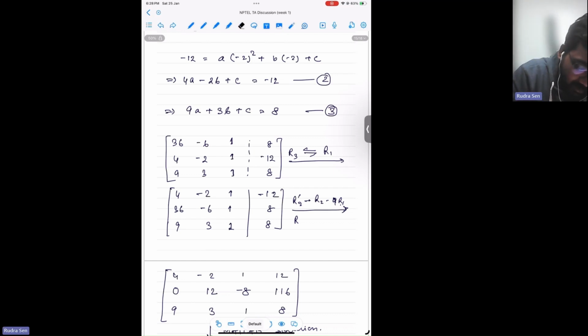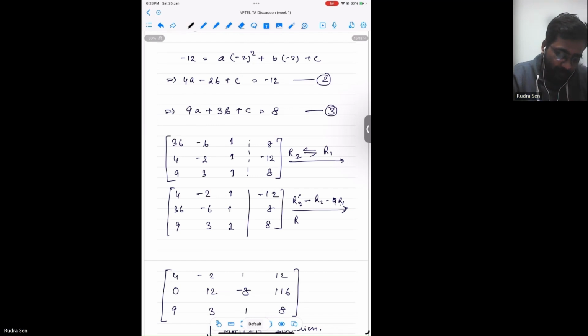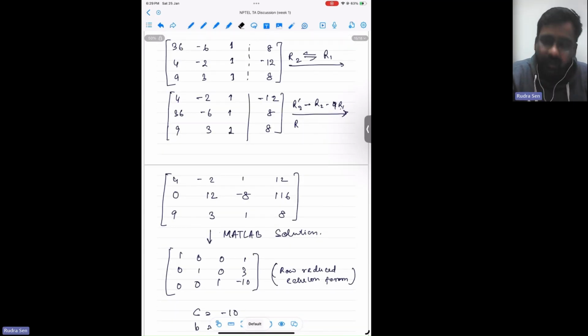So this should be row 2. Yeah, this should be row 2. We are basically exchanging row 2 with row 1. So this kind of thing. And after that, you can do the row operations. You will get some kind of result.